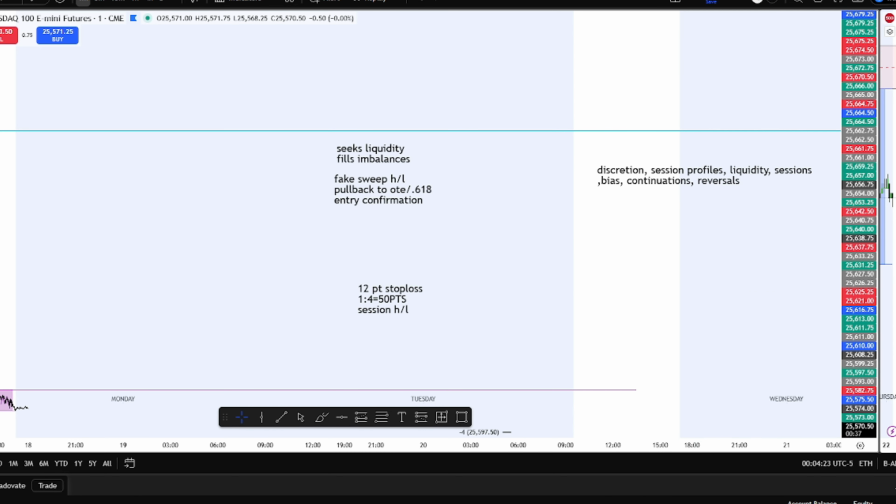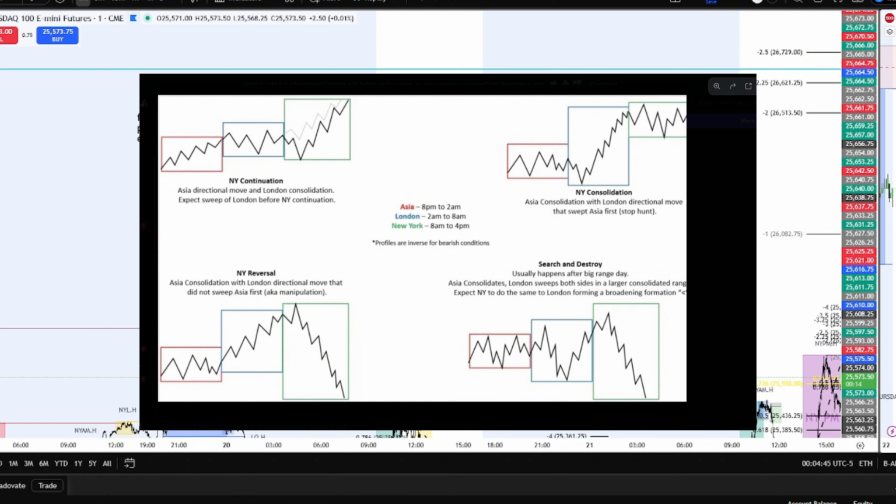So now we're going to get into session profiles. It's not on the screen right now, I'll pop it up right here. We have four different types of market conditions: New York continuation, New York consolidation, New York reversal, and search and destroy.